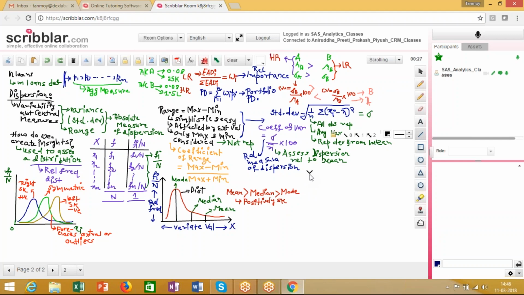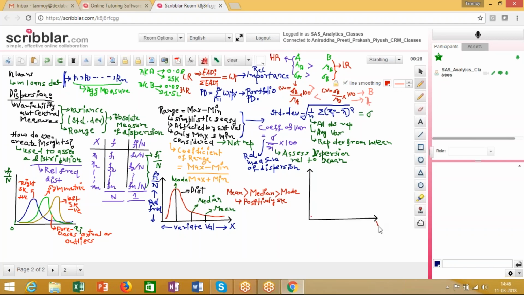So now let us look into how it would be for a left skewed distribution. For a left skewed distribution, the distribution would look something like this.